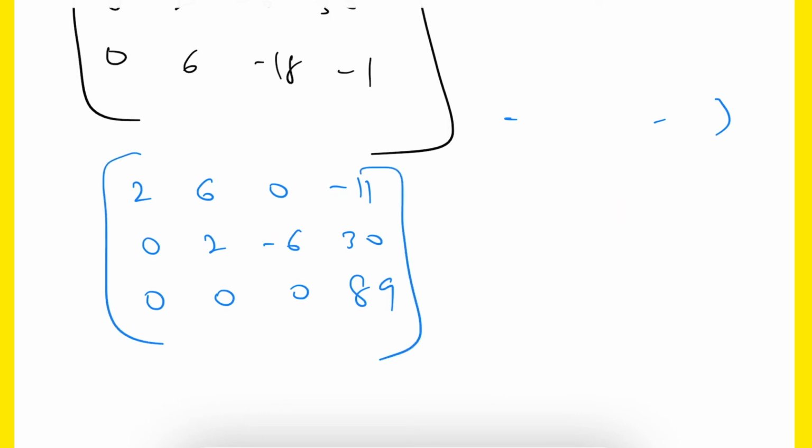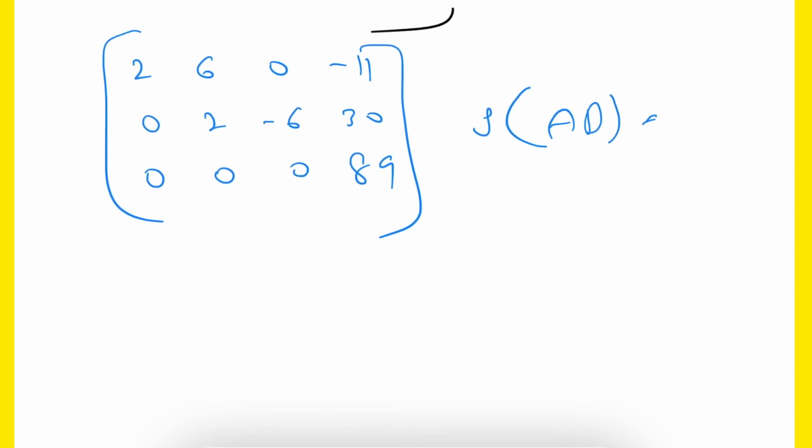Now if we observe, the rank of the augmented matrix is equal to the number of non-zero rows. This row does not contain all elements as zeros, so it will be 3, this will be equal to 3.